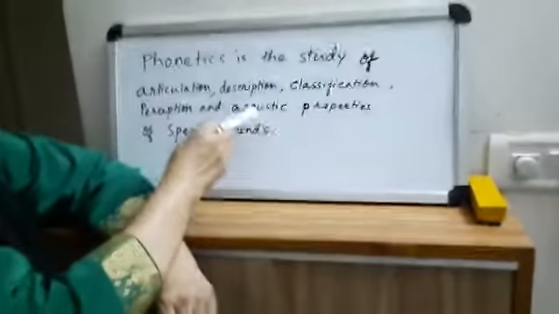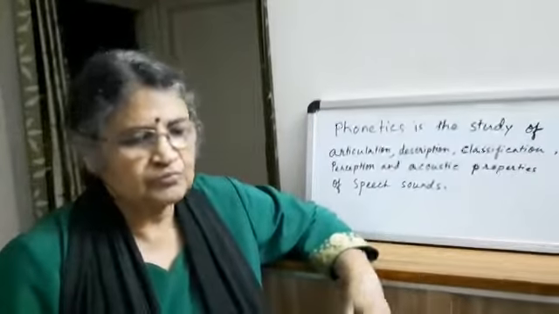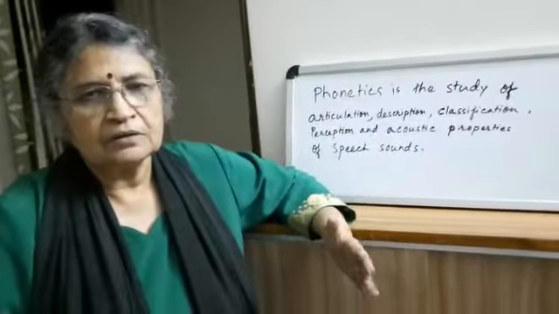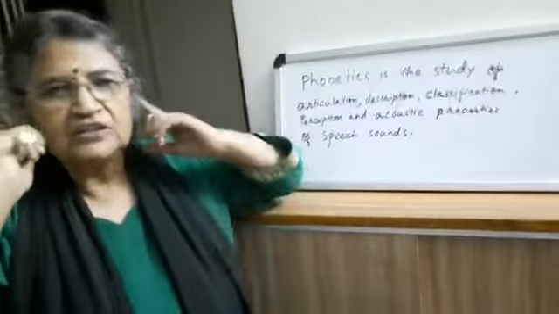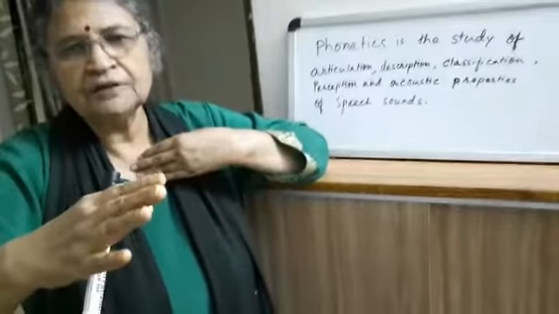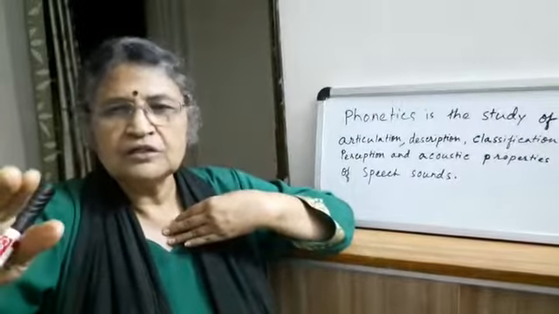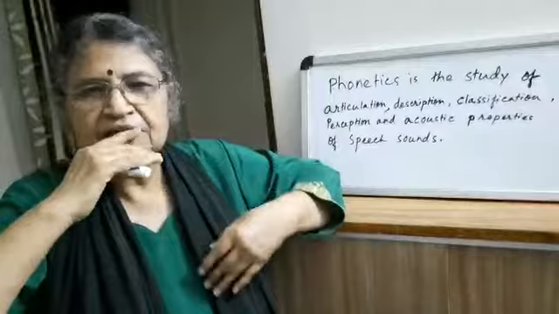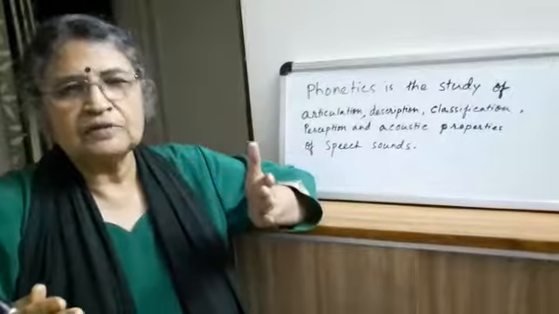Then next comes the acoustic properties. Speech sounds have certain physical properties. So what happens between the mouth of the speaker and the ears of the listener? The sound is uttered, it is released into the air, then it travels through the medium of air to the human ear. So in between the speaker's mouth and the listener's ears, in what form is the speech?